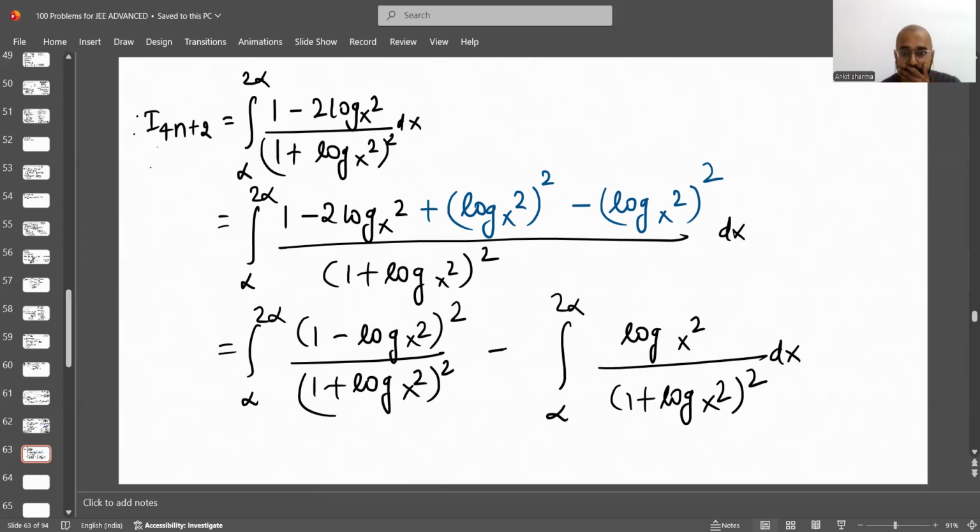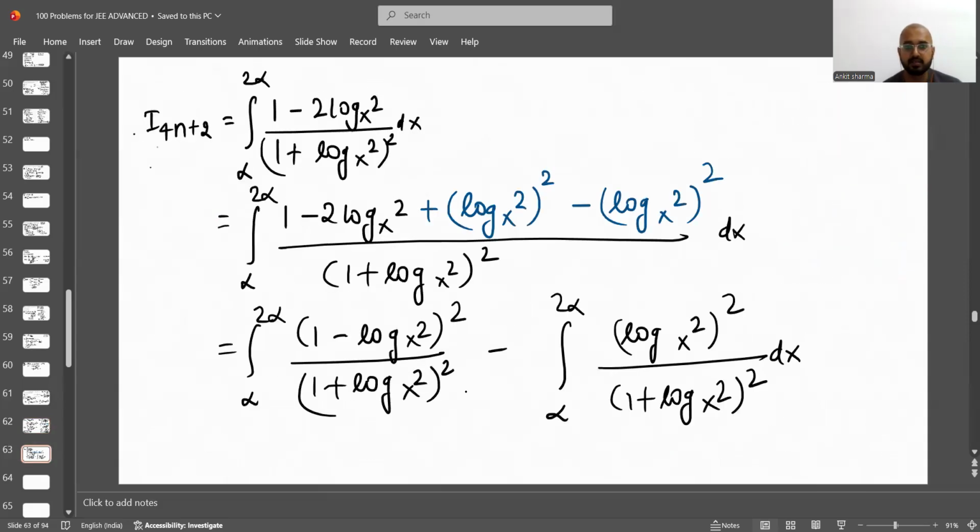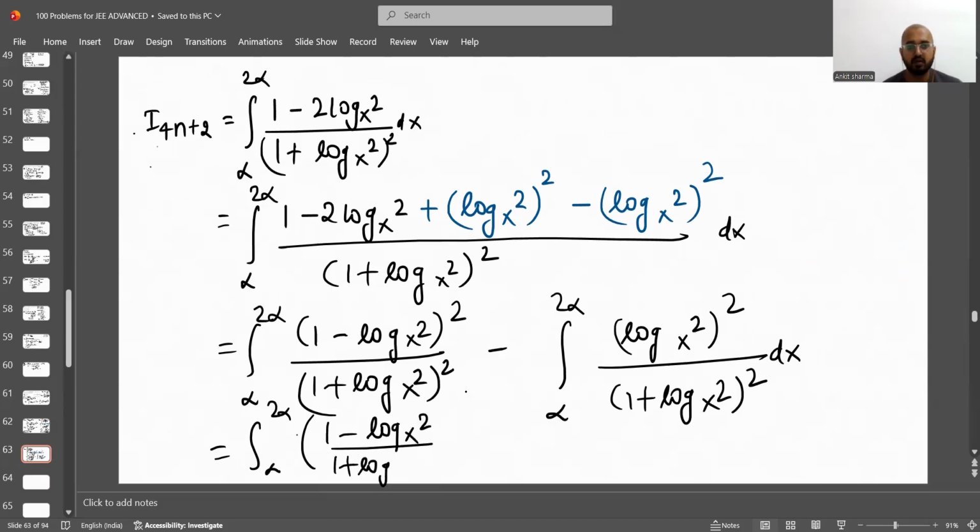Now, this is being squared again. So this looks familiar. This is nothing but 4I2. Alpha to 2 alpha log 2x and this thing. So I can now write down this thing as this limit itself alpha to 2 alpha, and then I'll be having here 1 minus log 2 base x over 1 plus log 2 base x, the whole square dx minus 4 times I2.